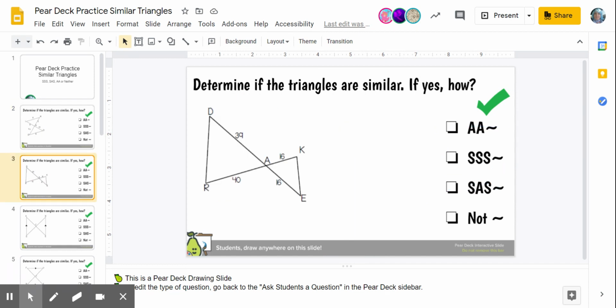So I'm going to go to slide 3. What should I mark? Sides. Yeah, I think that's great. So I've got 2 congruent sides on this one. Do I have 2 congruent sides on the other one?